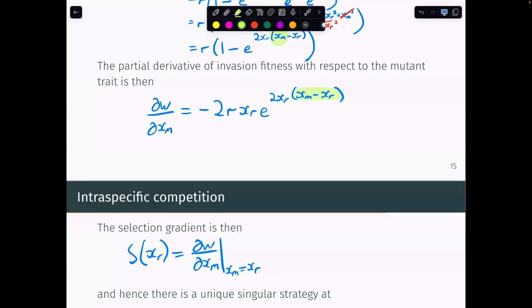So our exponent is just going to be e to the 0, so this is just going to be 1. And that with minus 2r xr. Now, our selection gradient doesn't at all depend on our mutant trait because we've set our mutant trait equal to our resident trait.